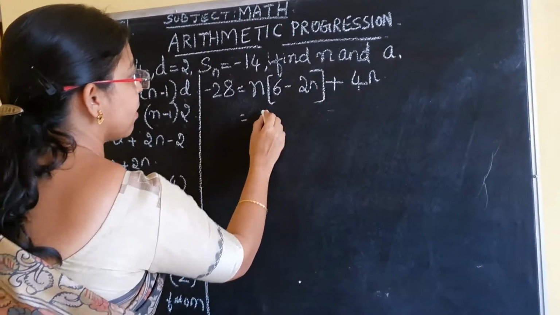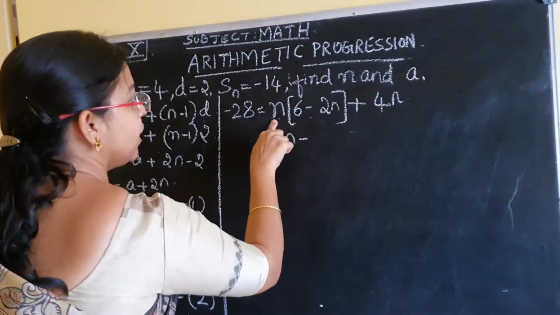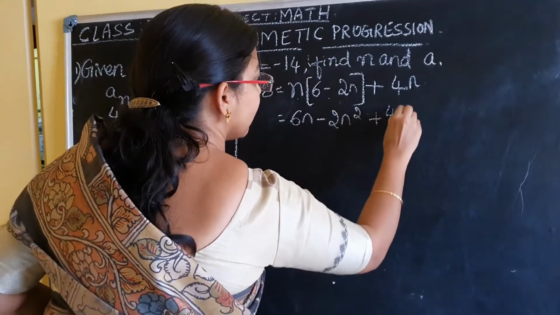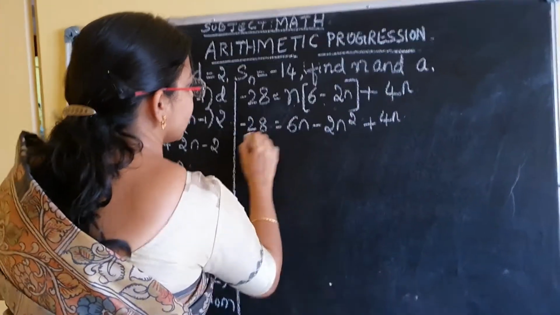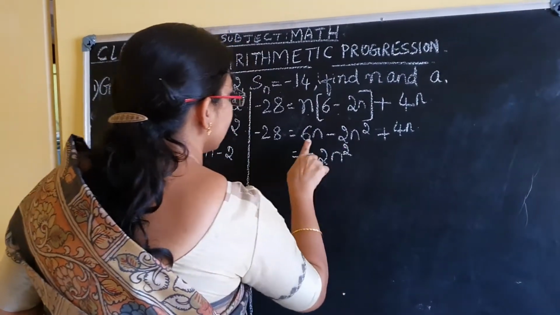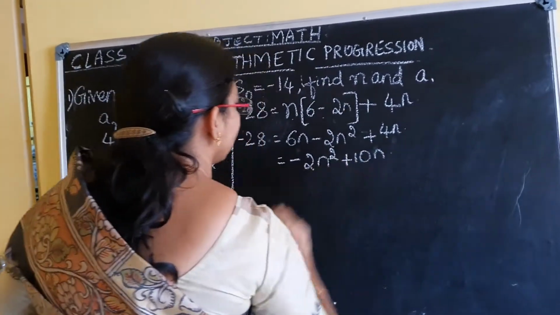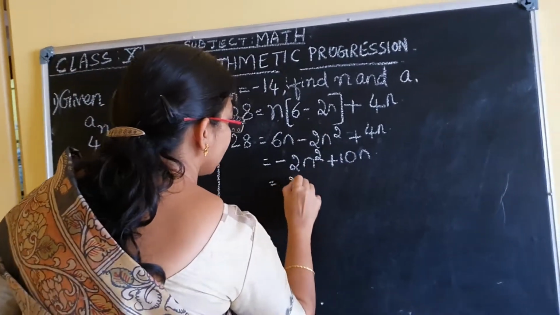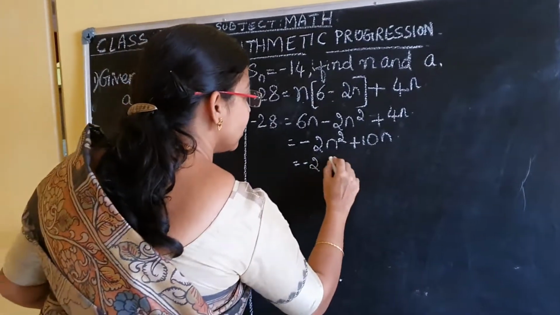What happens to this equation then? Multiply this, it is 6n minus 2n into n, 2n square, plus 4n. Here it is minus 28. This leaves us minus 2n square, 6n plus 4n is 10n. If you take out 2 common, you can even take out minus 2 common.